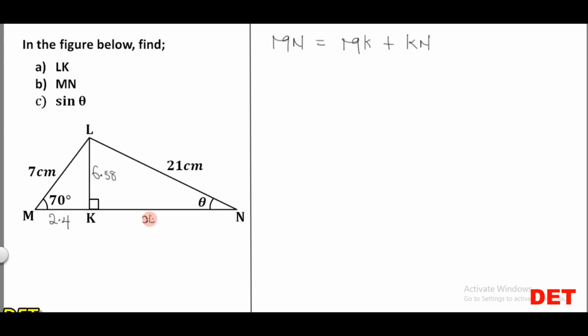All right, so this is a right angle triangle. If I draw it out, it looks like this. Here I have theta.